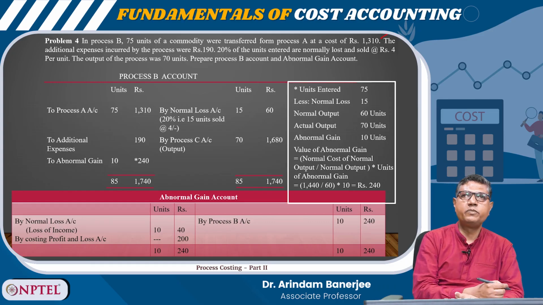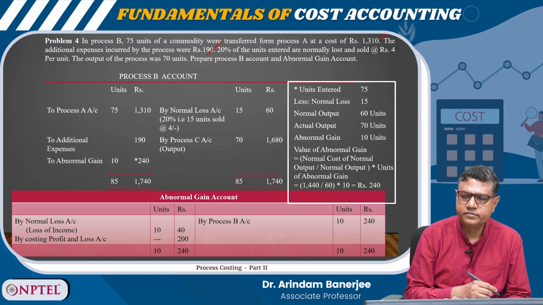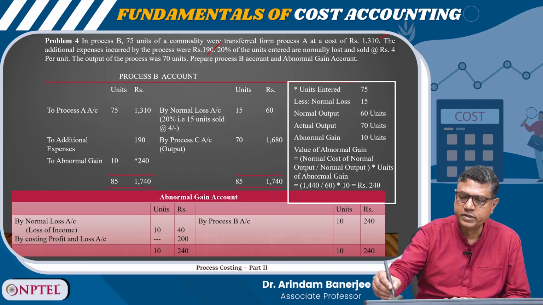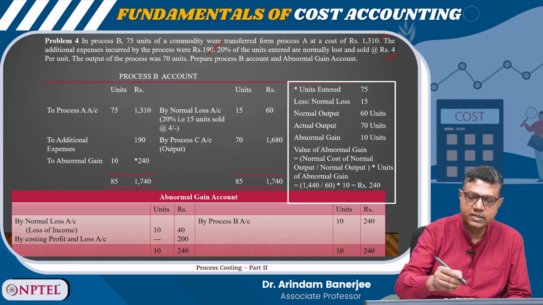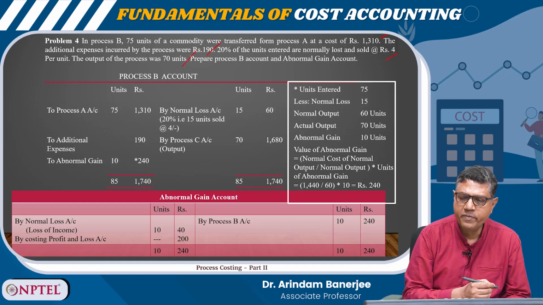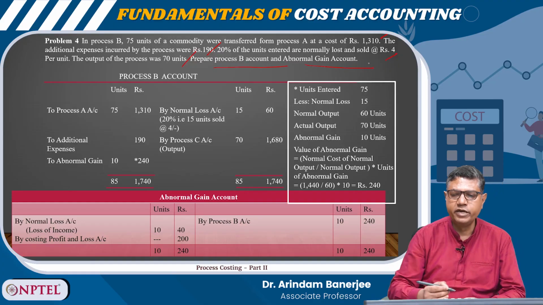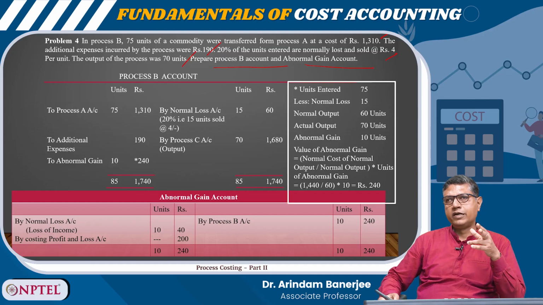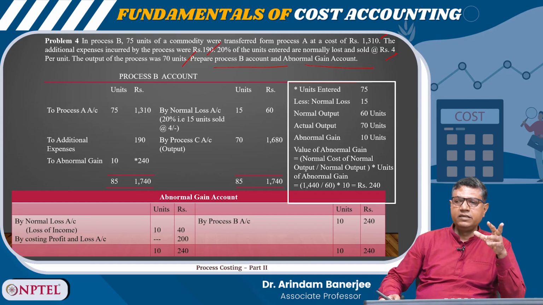The additional expenses incurred by the process were rupees 190, right. 20% of the units entered are normally lost and sold at rupees 4 per unit. The output of the process was 70 units. Prepare the process B account and abnormal gain account. So, we need to create two accounts, one is process B account and another one is the abnormal gain account, right.